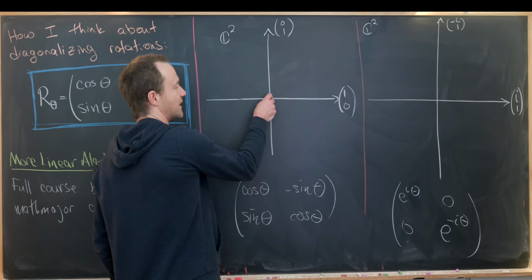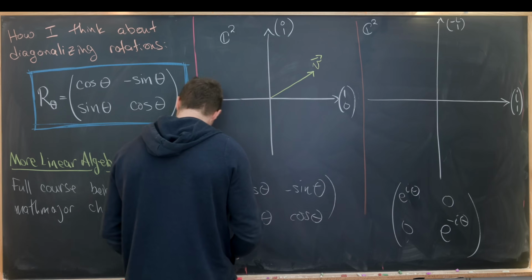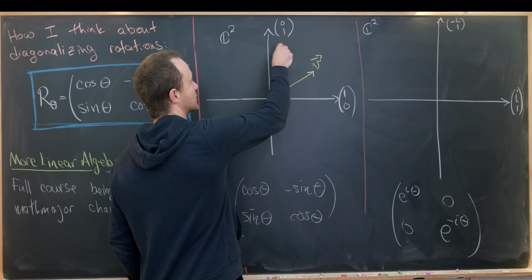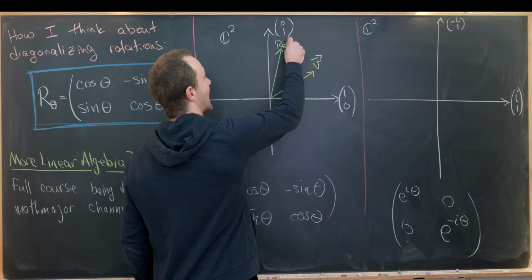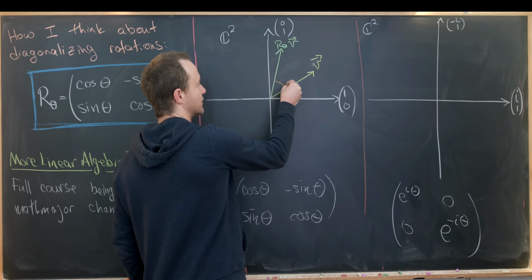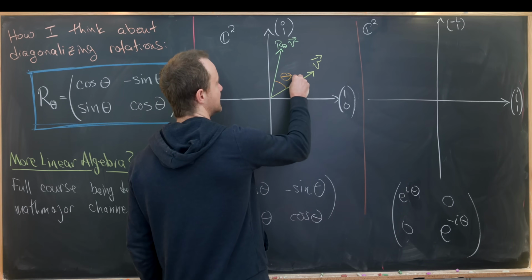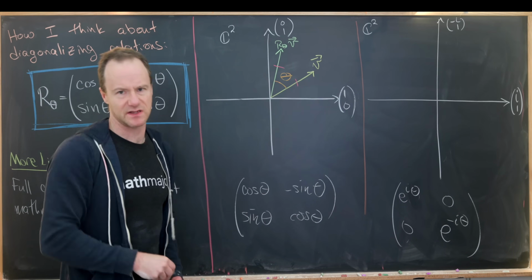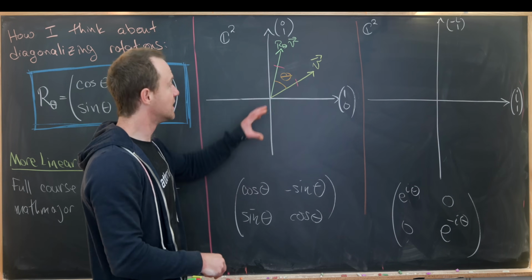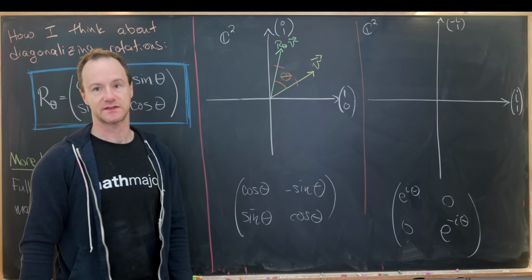And also recall that the action took a vector v and rotated it by an angle theta, and that rotation occurred without changing its modulus or its norm. So the length stayed the same. Here we have angle theta, and this length is the same as this length. That was the first half of the video, where we made that calculation. And you can actually visualize this as rotating the entire plane like this.